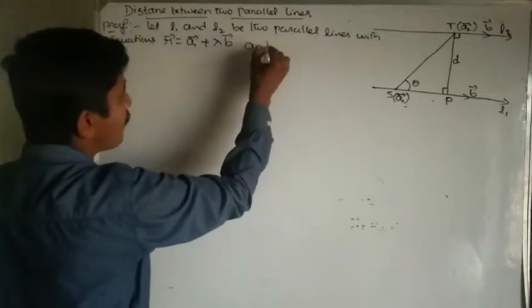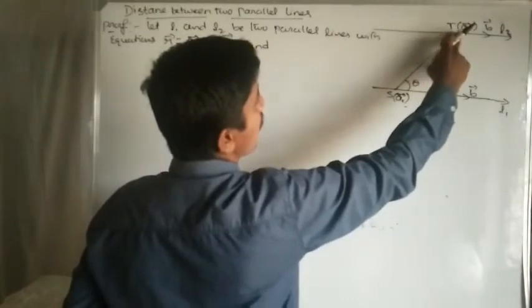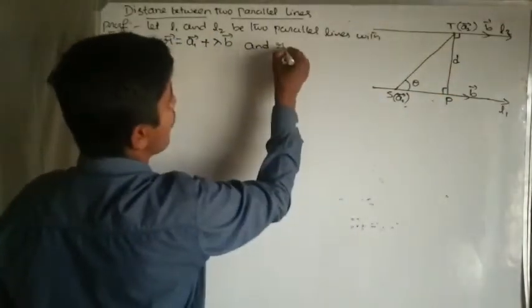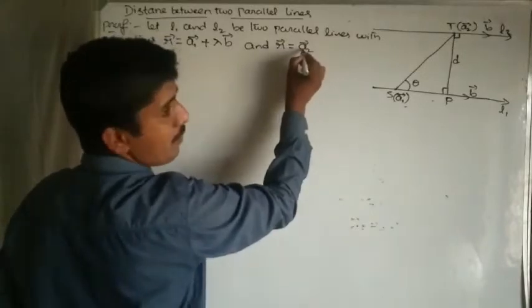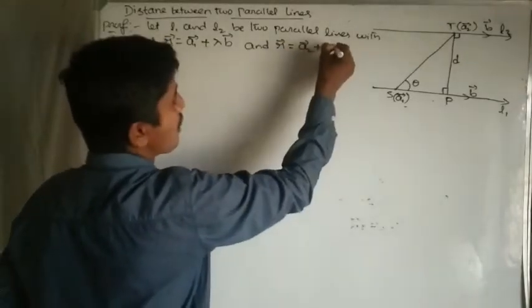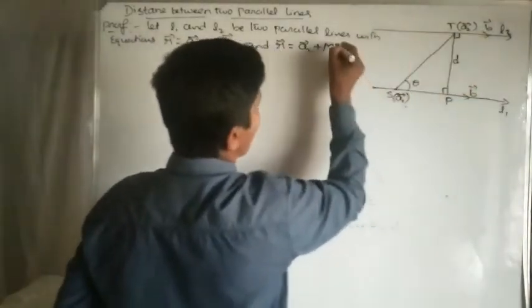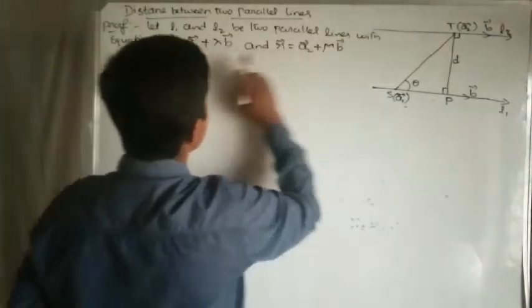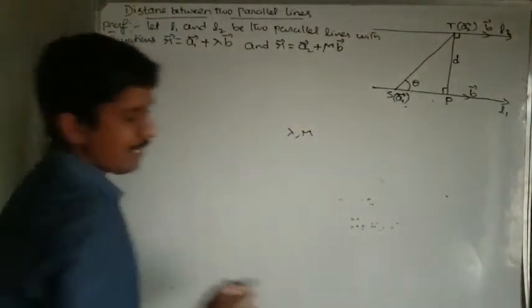And the second line passes through the point T whose position vector is A2. That is, vector R equals vector A2, the position vector of the given point, plus mu times vector B, where mu is a scalar. This is parallel to the same vector B. Here lambda and mu are scalars.